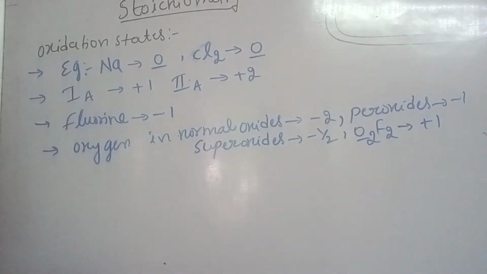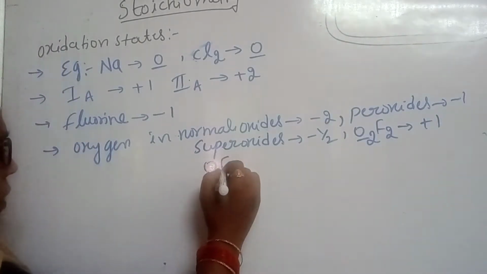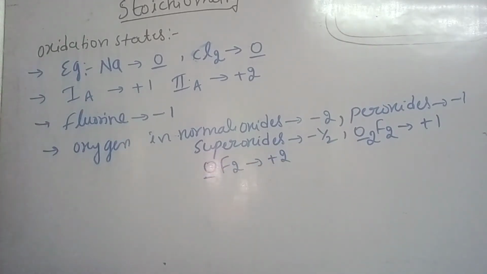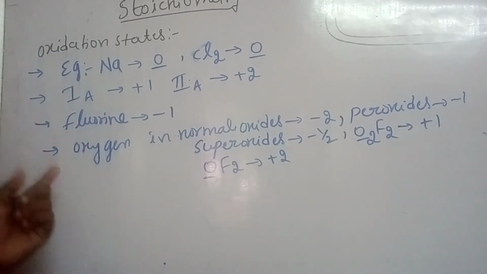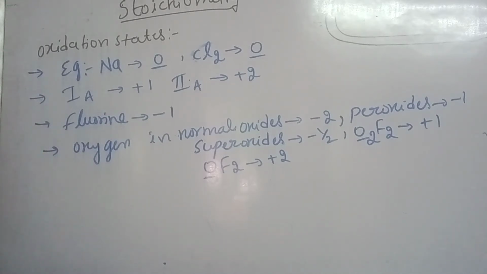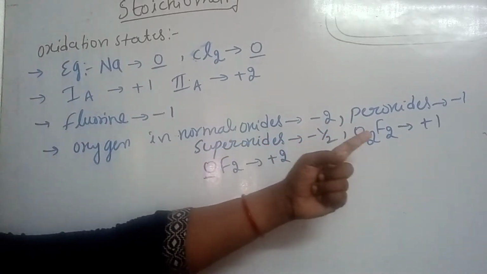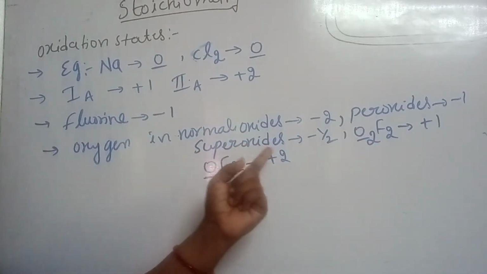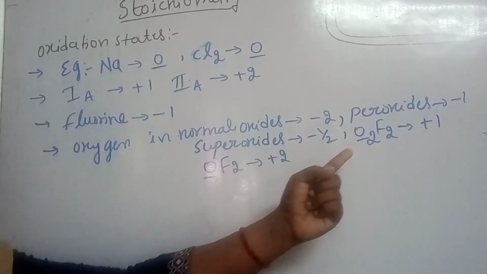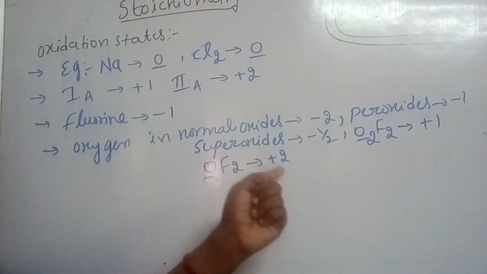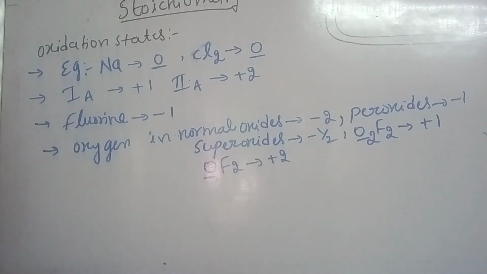In oxygen difluoride, the oxidation state of oxygen is +2. So, normal oxides -2, peroxides -1, superoxides -1/2, oxygen monofluoride +1, oxygen difluoride +2.